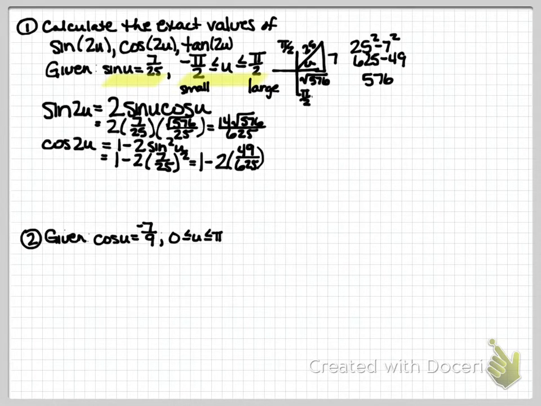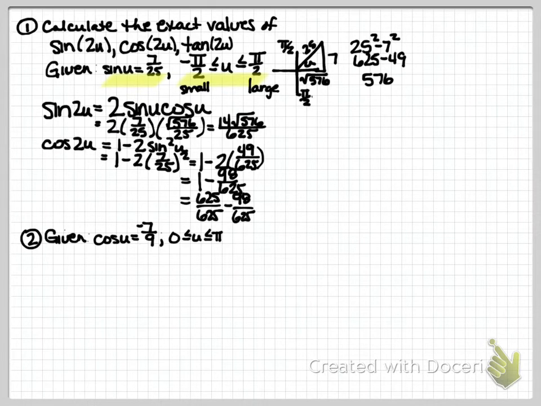Same thing, just start simplifying. 1 minus 2 times 49 is 98 over 625. Not 652, 625. And then make a common denominator and subtract. So 625 over 625 minus 98 over 625.